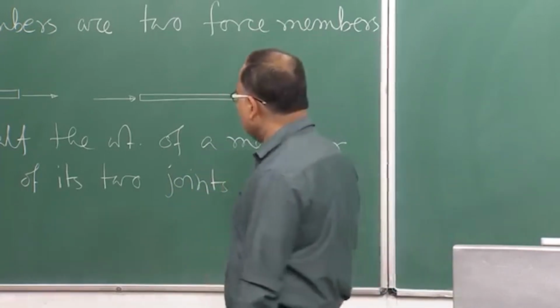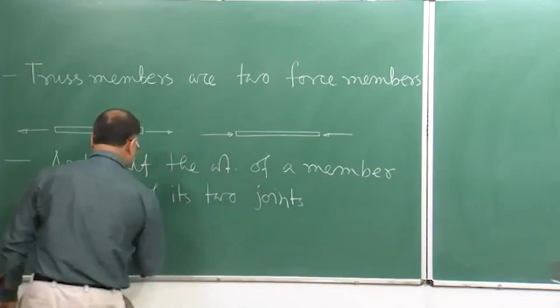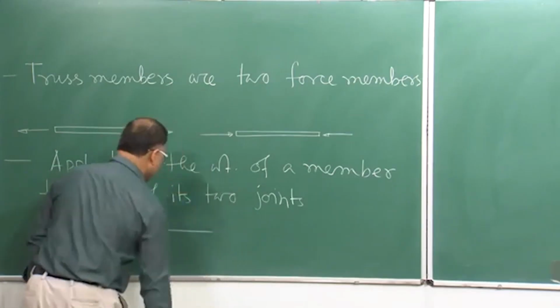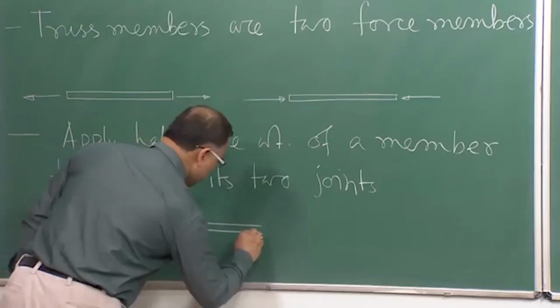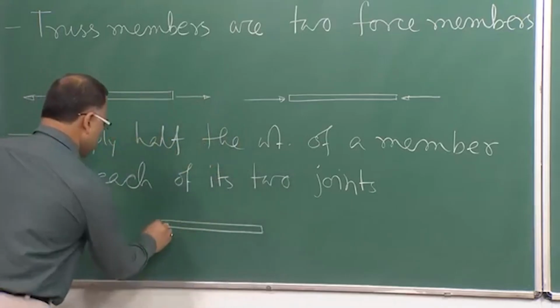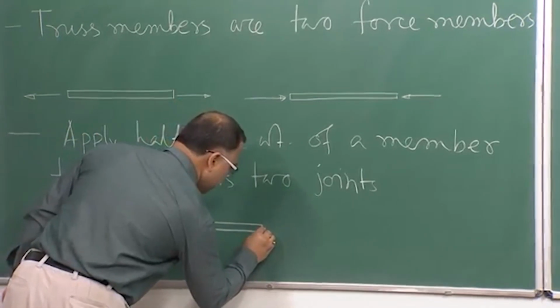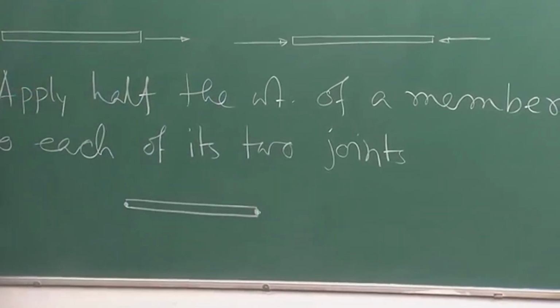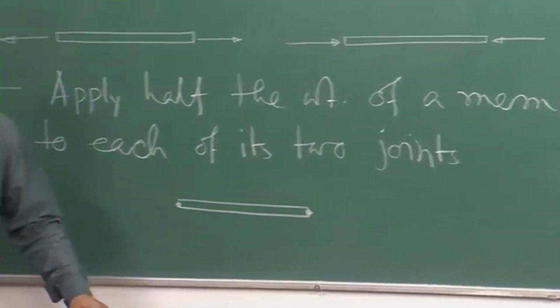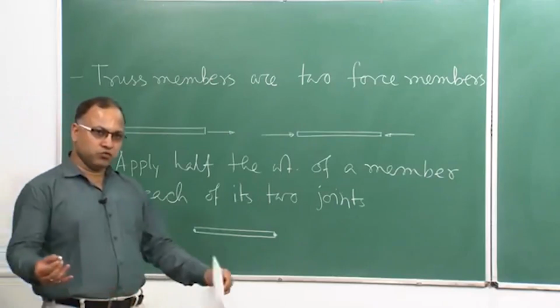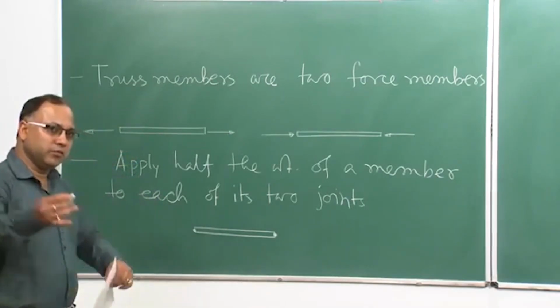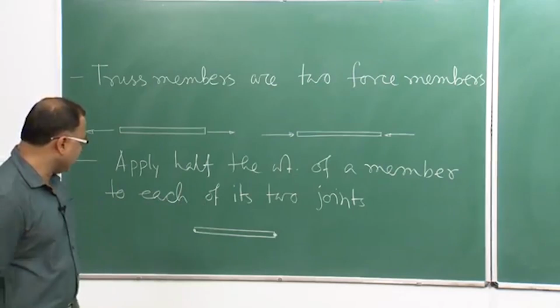When you have this kind of situation, this is your member, which has two ends, and of course the two ends will be connected to two joints when forming a truss.